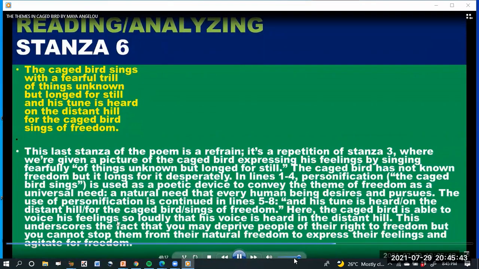But you look at stanza 6, you still see stanza 6 is a refrain, all right? And I want you to understand that when a stanza of a poem is repeated, it shows the emphasis that the poet gives to the theme or the subject, the idea being expressed there.